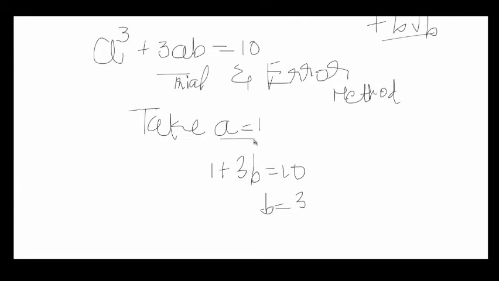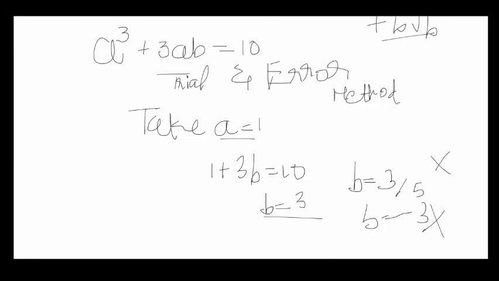If we take a equal to 1 and get b as 3, then we are good to go for taking the answer as 1 plus root 3, like a plus root b. But if we don't get b equal to 3, suppose you got b equal to 3 by 5, that's not the case. If you get b equal to minus 3, not the case. We only have to get a positive integer, that's it.